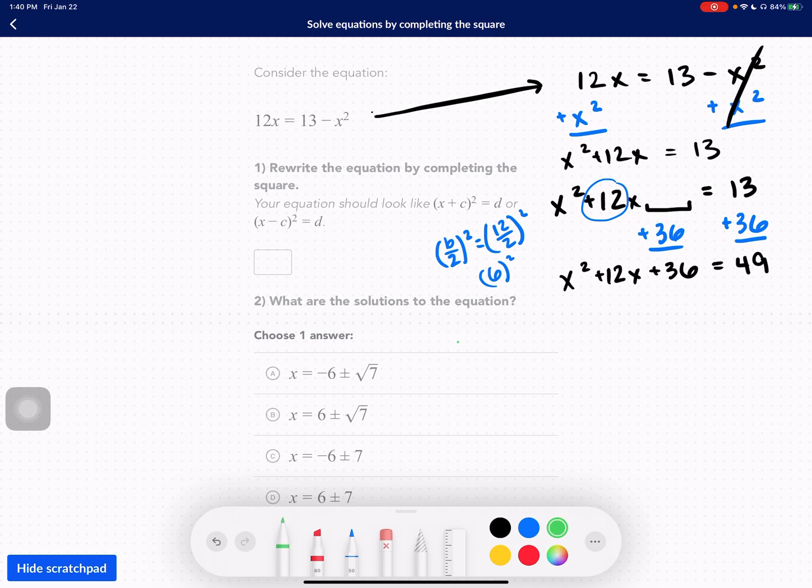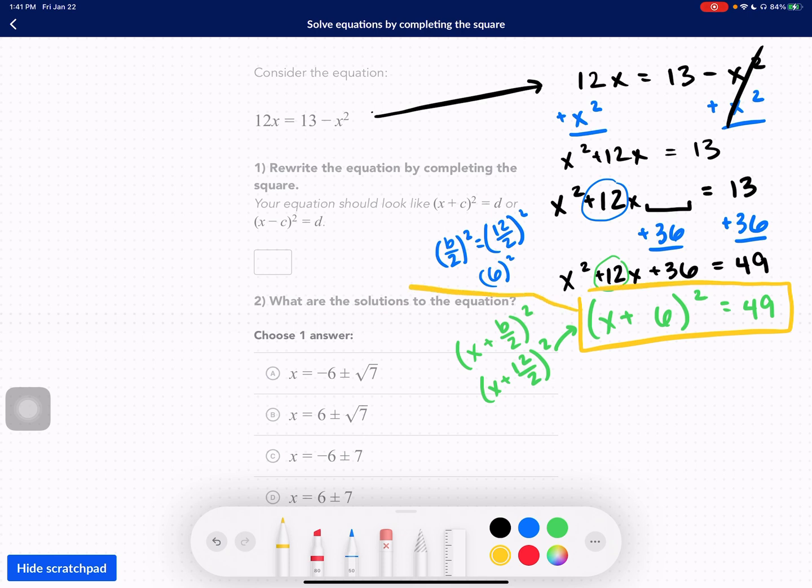So now we have to rewrite it as the perfect square form, x plus b over 2 squared. Again, our b is 12. So we have x plus 12 over 2 squared, which is x plus 6 squared equals 49. This is what we would type in this box here.